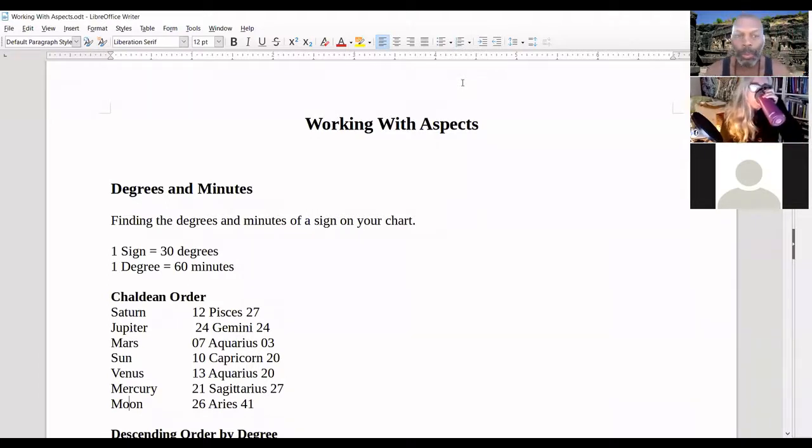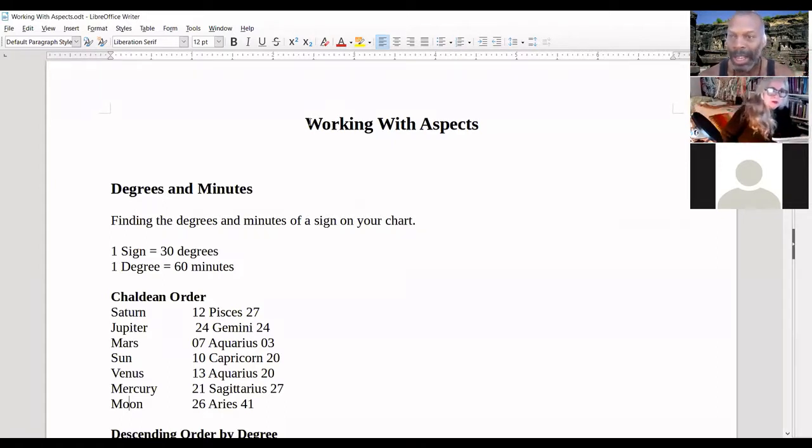All right, so what I'm going to talk about next while you're doing this, or if you're already finished, is, if you remember, we've talked about how one sign is equal to 30 degrees and 1 degree is equal to 60 minutes. So if you're looking at your chart, you're looking at a glyph or a symbol of your sign, and it will have one number on one side and another number on the other.